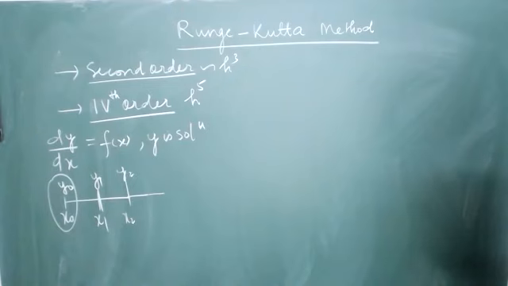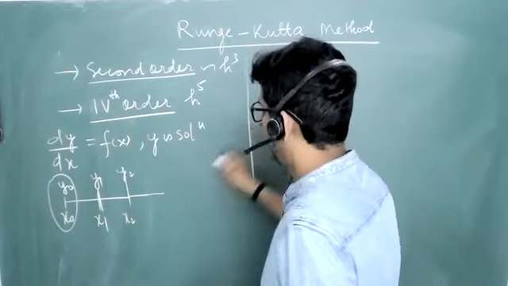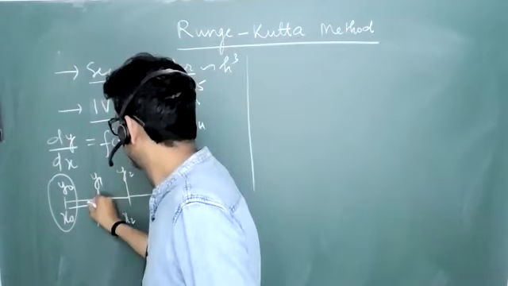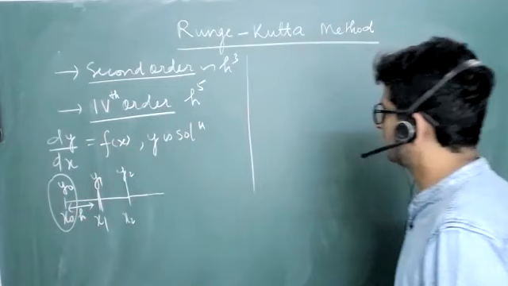Correct? So in Runge Kutta second order, this is called h, which is called the step size.